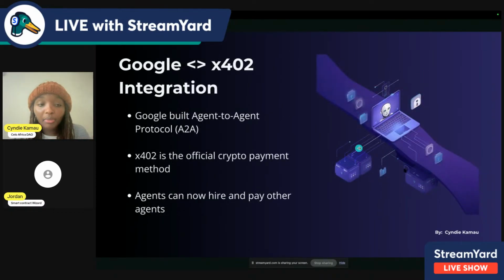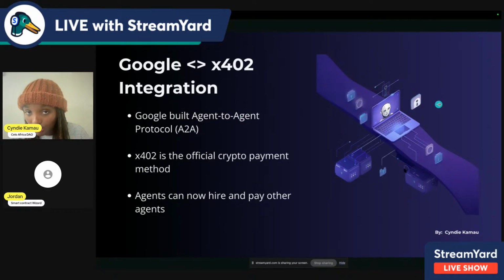And then, very important, the Google x402 collaboration. They've partnered with Google because Google built the agent-to-agent protocol, and x402 is the official payment for this A2A protocol, right? So the agents can pay other agents if an agent needs to hire another agent, all those shenanigans, right?